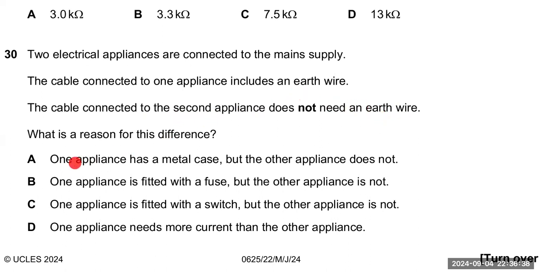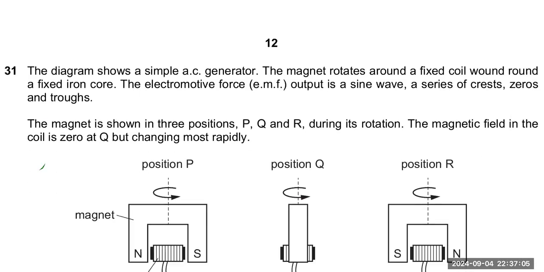Okay, so one appliance has a metal case, to which we connect the earth wire, but the other does not. So option A is the correct option. Basically, the earth wire is used as a safety element to save yourself from shock or any short circuit.